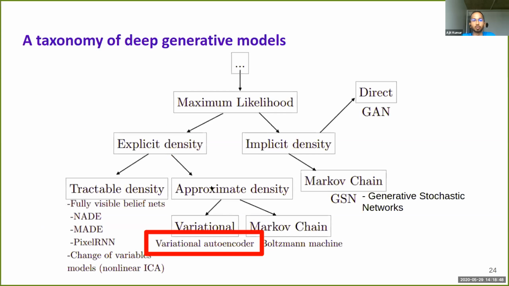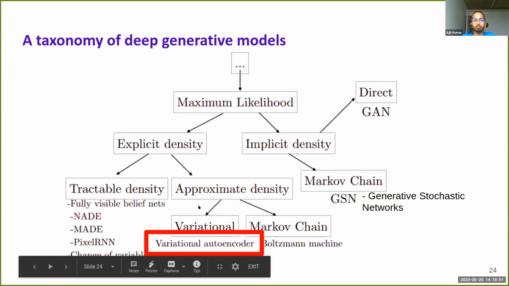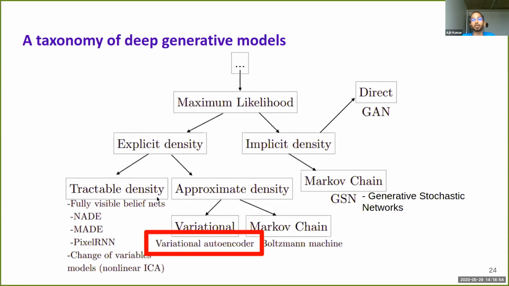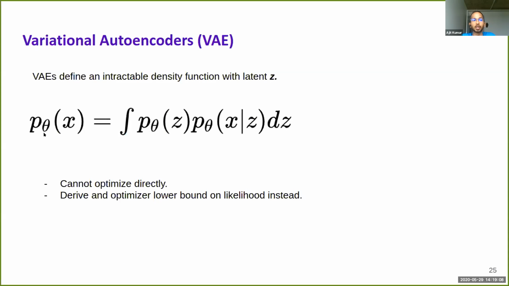So let's go into variational autoencoders, where we approximate the probability distribution to get a tractable bound on it so that we can approximate it a little more easily. Let's define the probability distribution of the model that we're trying to fit as P of X, which is P of Z multiplied by the conditional distribution of X given Z. And this Z is the latent variables that we'll learn in the process.